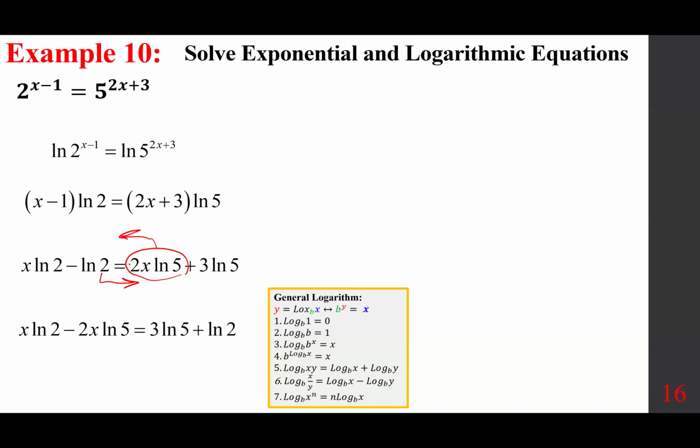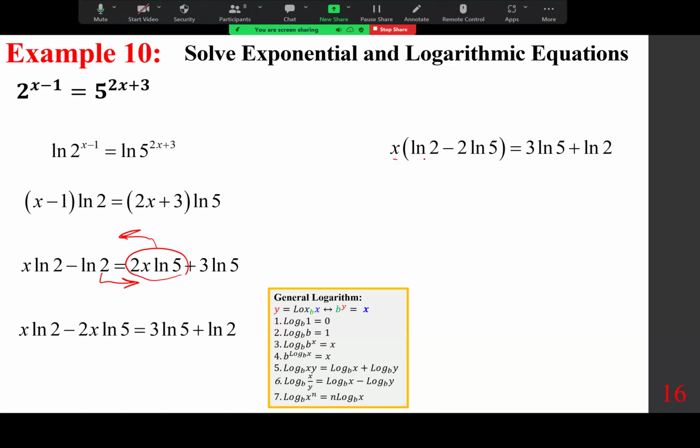Notice on the left side, we can factor out the x. And we get x times, when you take the x out, whatever is left, ln2 minus 2 ln5. And all you have to do, divide both sides by the parentheses ln2 minus 2 ln5.